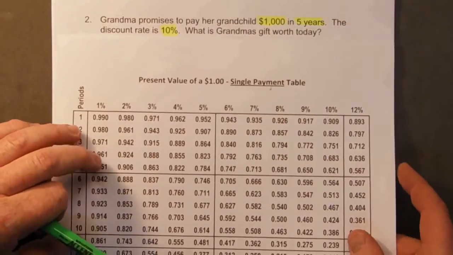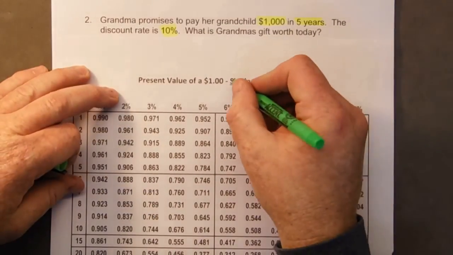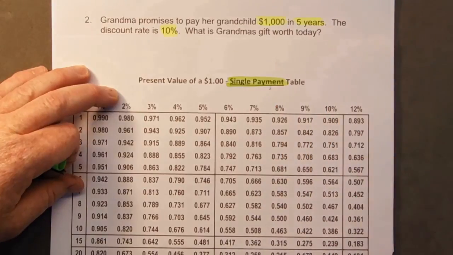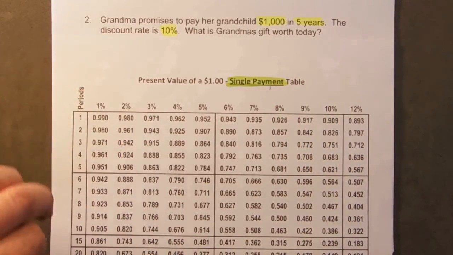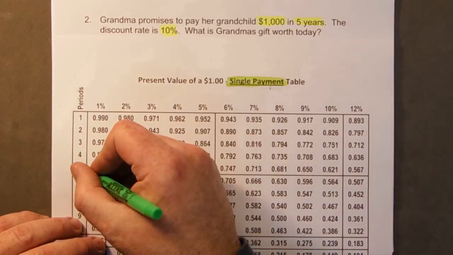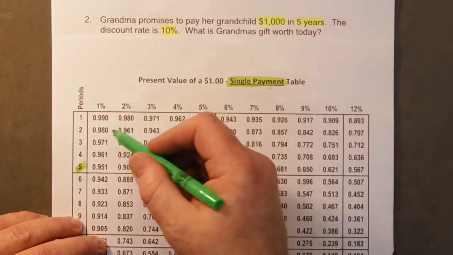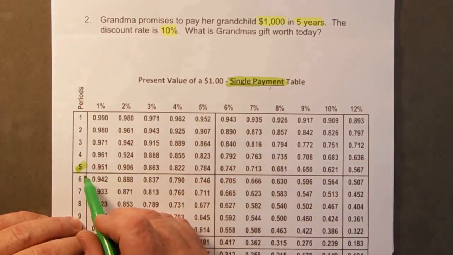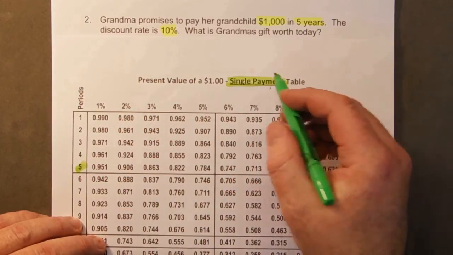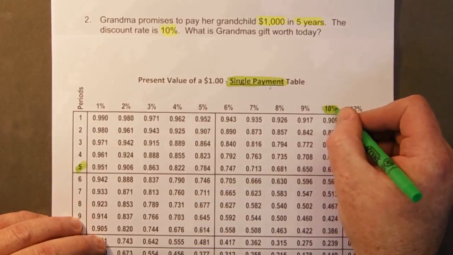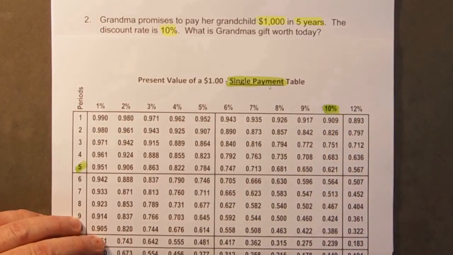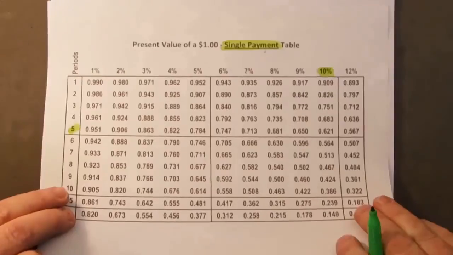Pull out our table. Make sure you're on the single payment table again. We're going to be using the single payment table for a while here, so page 11. Go to 5 periods. And we go across to 10%.